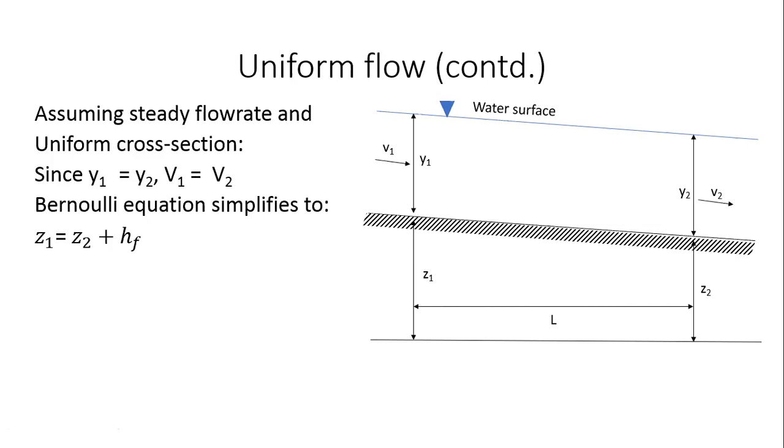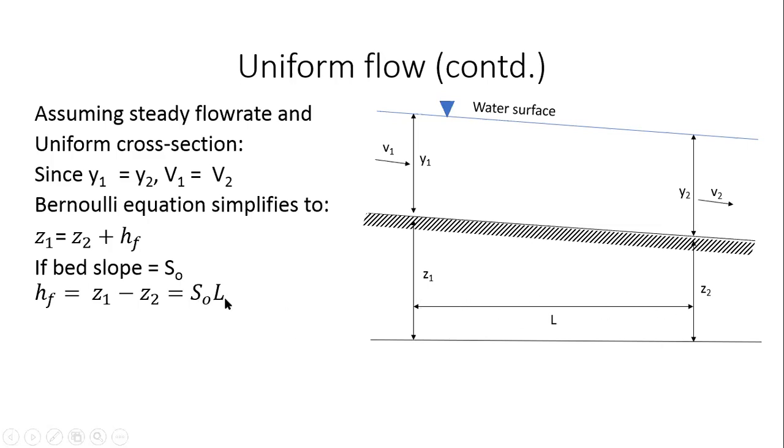So now I know, if I know the bed slope, let's say I denote the bed slope with the term S naught, right? So if I have S naught equal to the bed slope, then I can rewrite this expression simply as hf equal to z1 minus z2, which will be simply the bed slope S naught multiplied by the distance between these points, right?